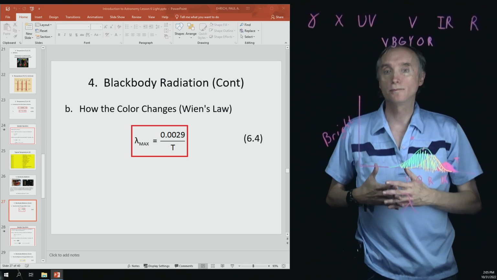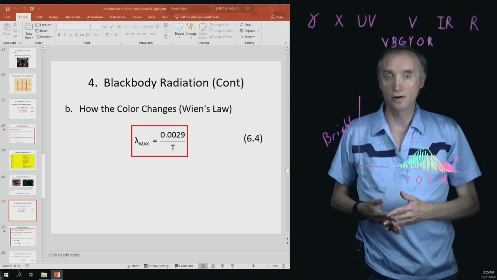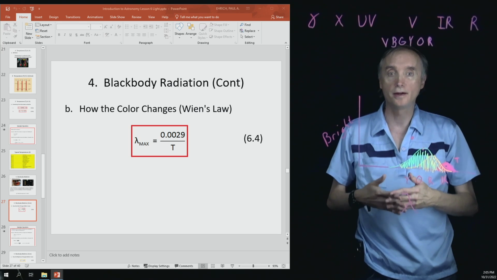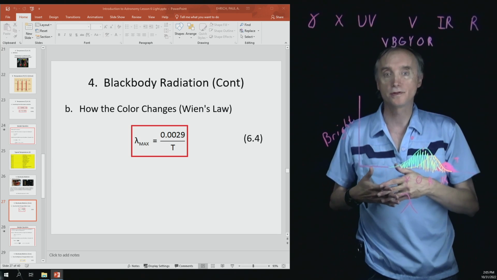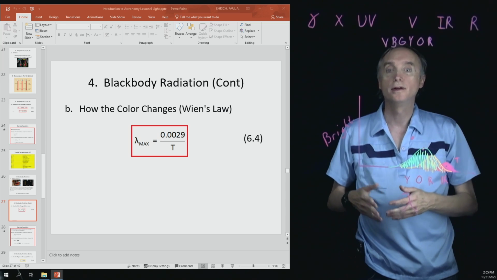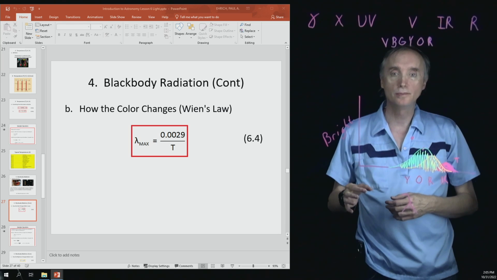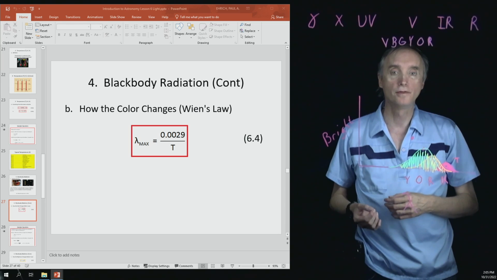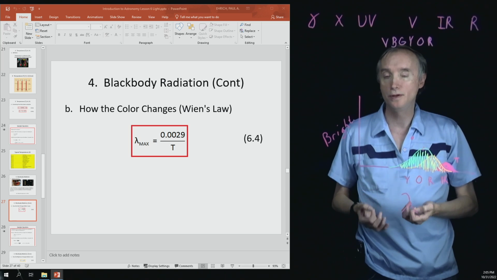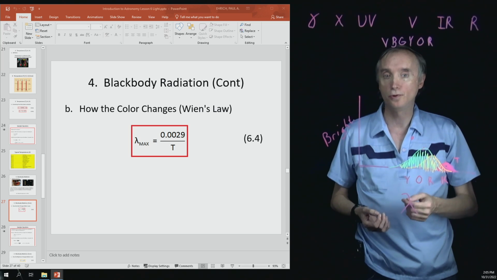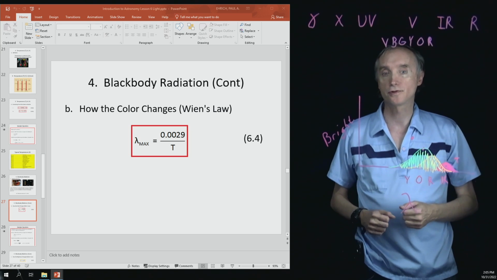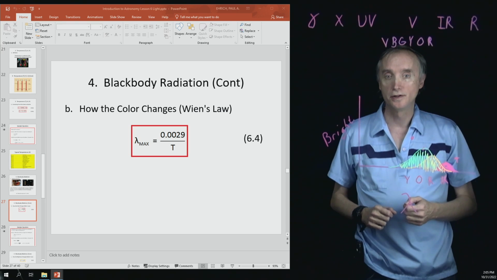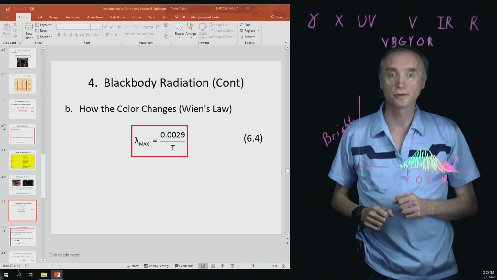So the first black body radiation law is called Wien's law, and I know it looks like Wien's law, but it's Wien's, and it says that the maximum wavelength of the light being emitted is equal to 0.0029 divided by the temperature of the black body. That's capital T for temperature.